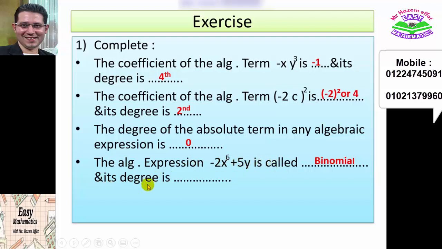And what about its degree? Yes, as I told you before, we must calculate the degree of each algebraic term alone and take the highest one. Negative 2x raised to power 6, the degree here will be 6. And what about 5y? Y here is raised to power 1, so it will be of the first degree, and by taking the highest one it will be 6 degree.